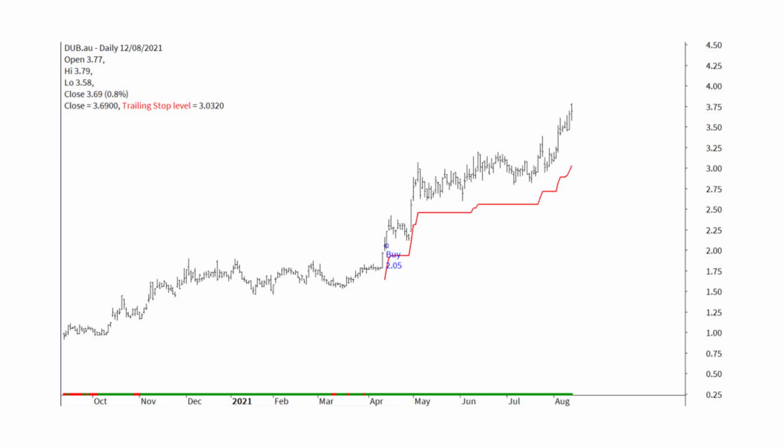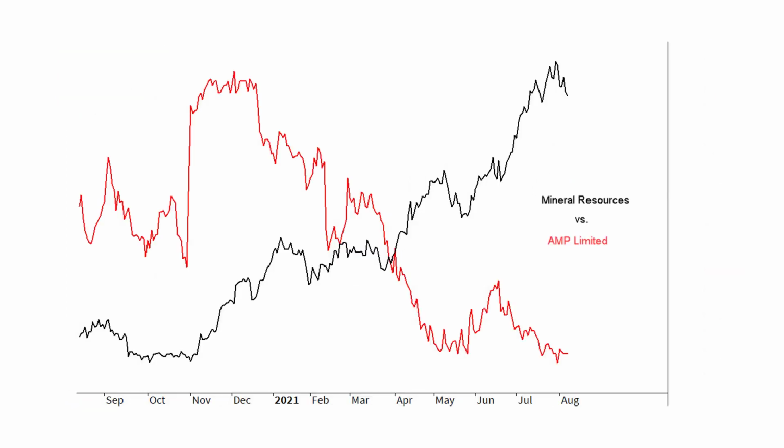Bands would have contracted during that period, and then we get the breakout and off we go. So it's just the Bollinger Bands of Dubber and the trailing stop. When it breaks down through that red line, which is the trailing stop, we will exit the position. Okay, so that's trend following, or sometimes what I refer to as absolute momentum.